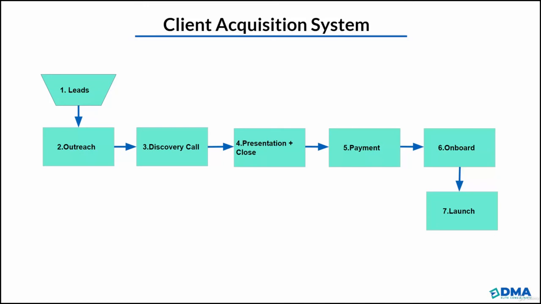And then on that presentation call, we're closing them, and then we are sending over the invoice, we're collecting payment, and then number 6, we're onboarding them with the right emails, with letting them know how this relationship is going to go. And then number 7, finally, we have our campaign launch.